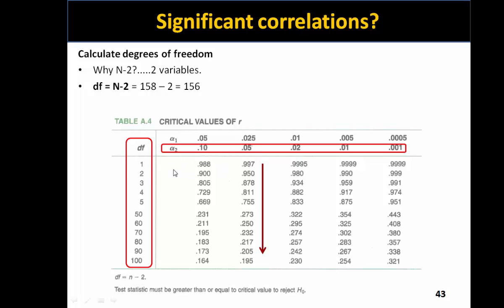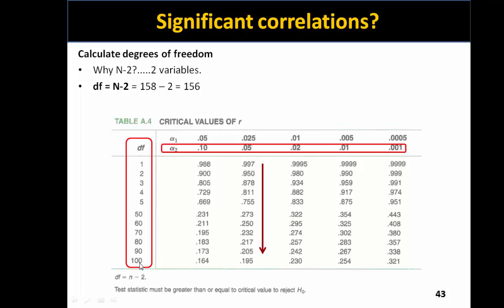So what we see here is that as the degrees of freedom number increases, which is reflective of an increase in sample size, so the number of pairs of data, we see that the critical R values, these are the R values that the study must generate, the calculated PPMC must achieve at least in order to have statistical significance. So we follow this down to the degrees of freedom in question.